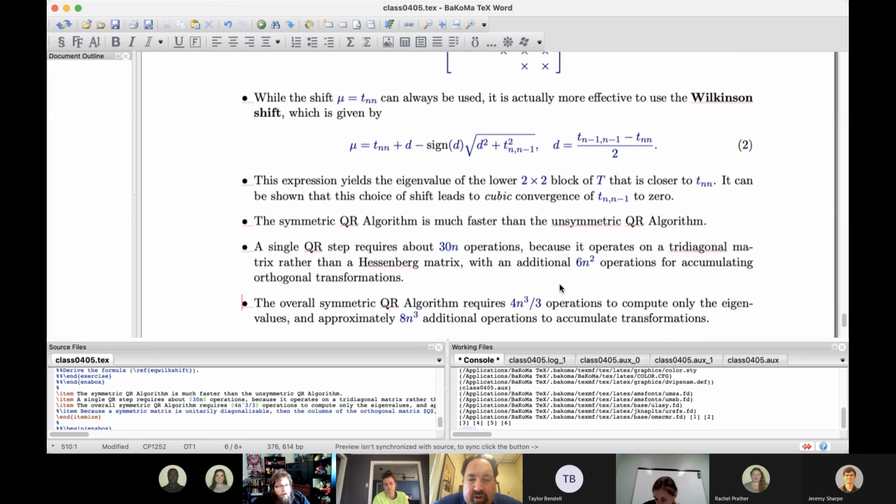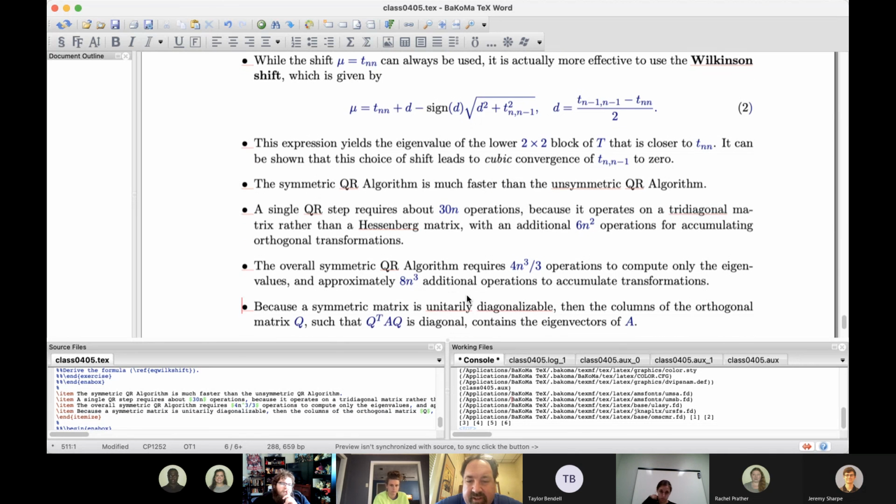So the overall algorithm is order n cubed. Most of that comes from reducing A to tridiagonal form T up front before the iteration even begins. And then there's much extra work if you want the rest of a Schur decomposition.